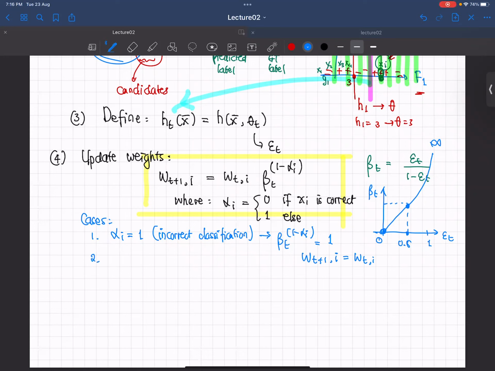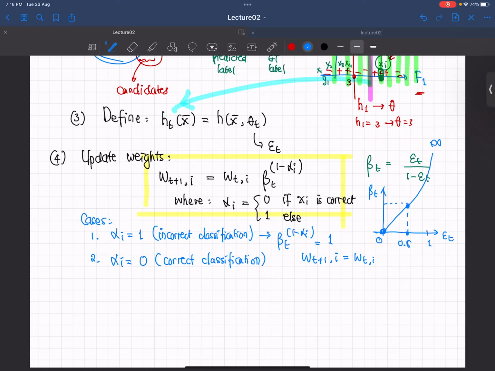Now let's take a look at the second case, when alpha_i equals 0. Alpha_i equal to 0 means x_i is correctly classified.